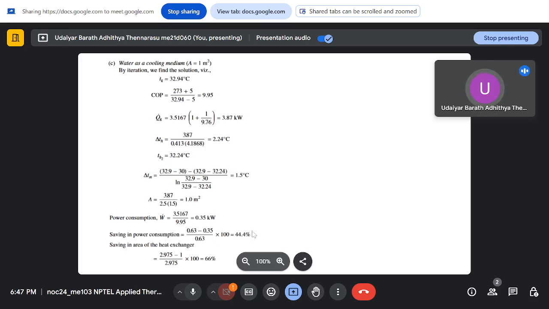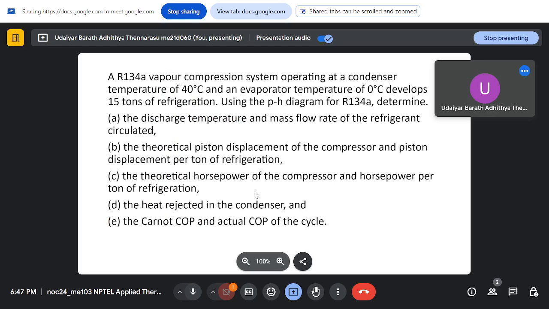So the saving in power is 44%, and the saving in area of the heat exchanger is 66%. So we'll move to the next question.